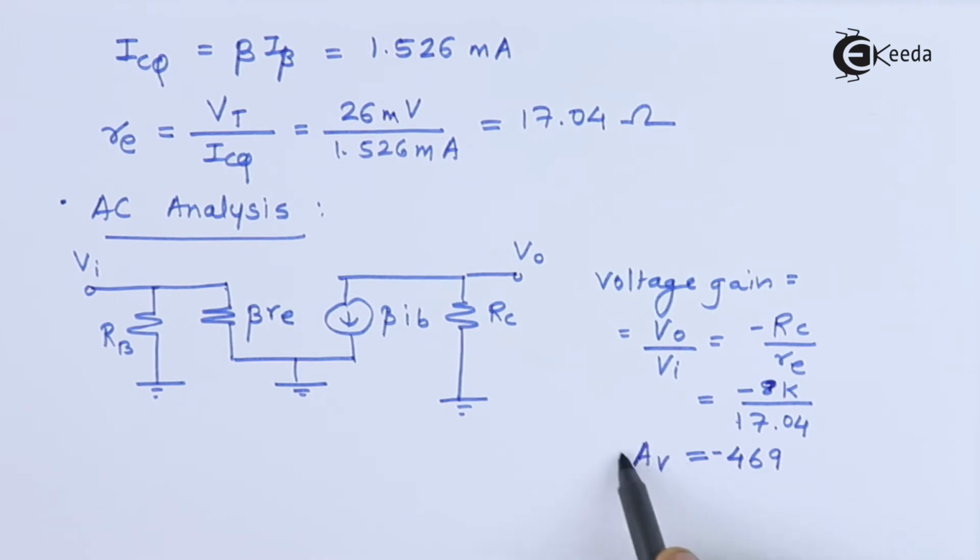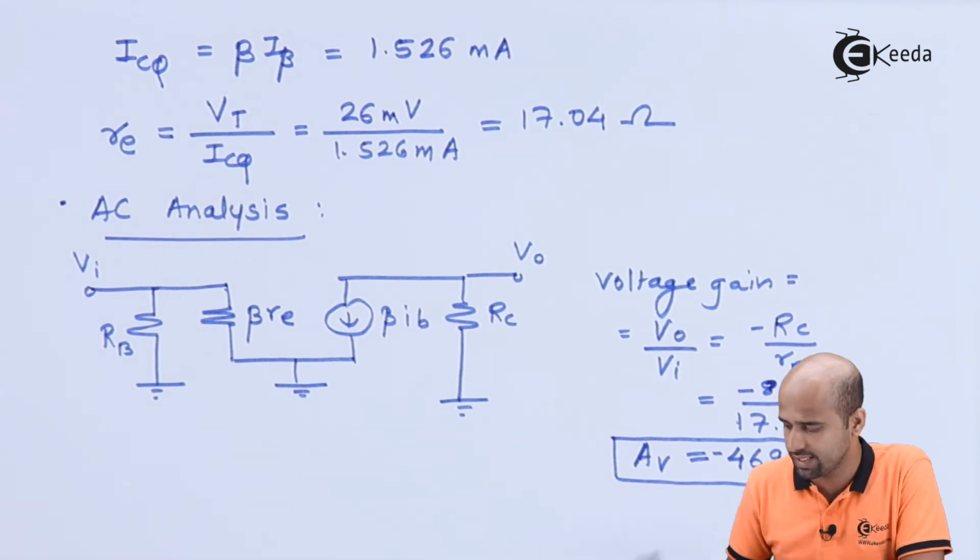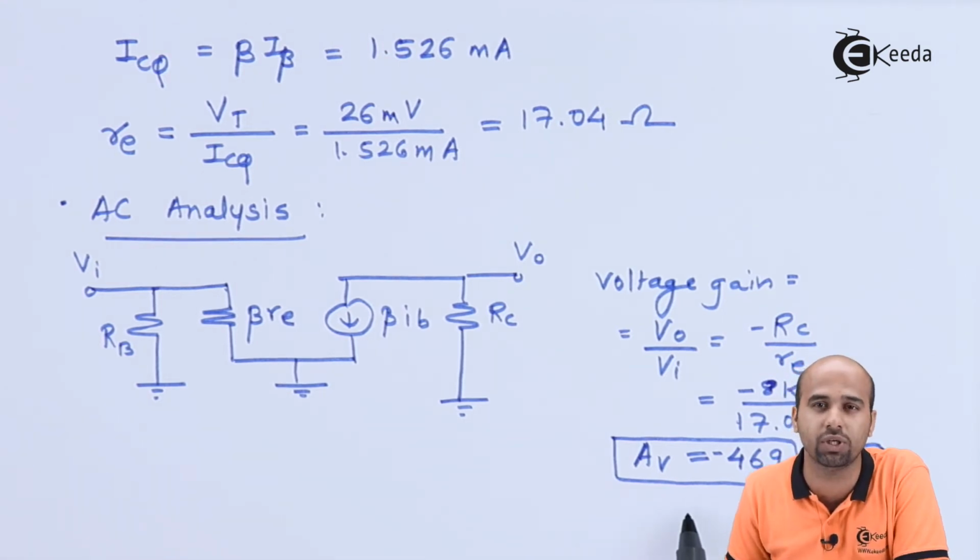So AV is equal to minus 469, that is our finding. We'll take this as equation number 1. This will be used to find Miller's input and output capacitance for high frequency analysis. So we completed the second step, that is AC analysis.